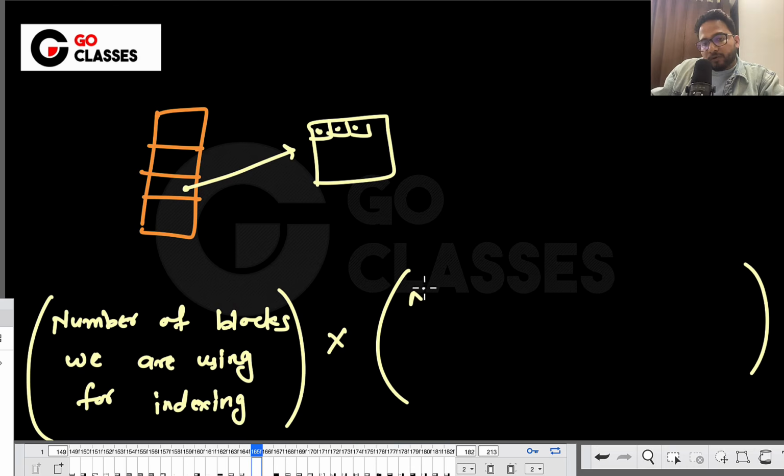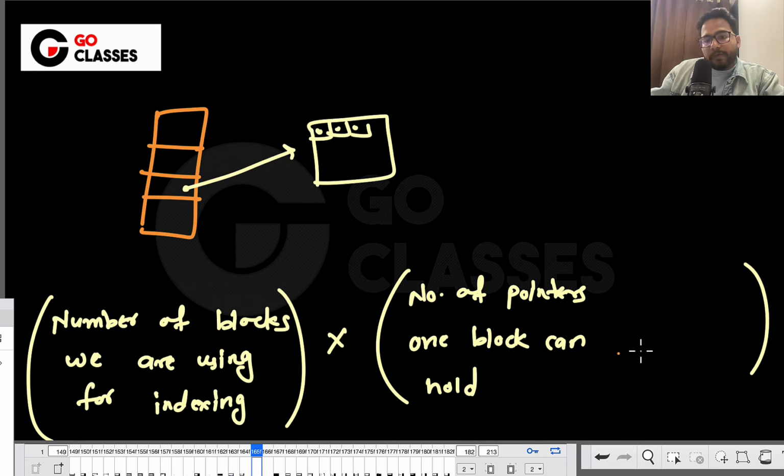So you can say the number of pointers one block can hold, multiplied by the block size.